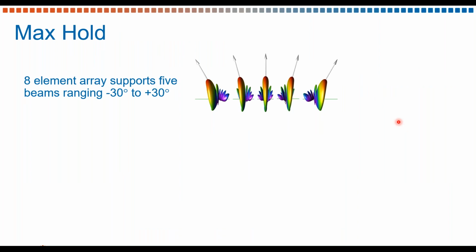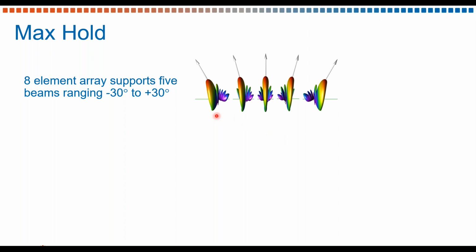Coupled with this is a specific result type, which is MaxHold. Usually we have numerous beams that we would want to analyze in the case of a beam steering application. And one way to condense all this data into a single pattern would be to use MaxHold.